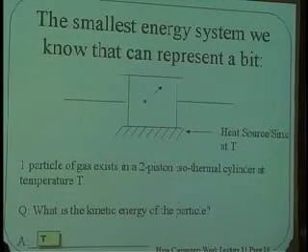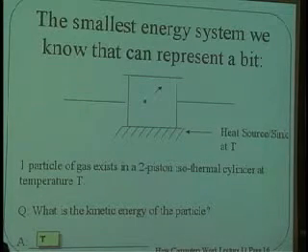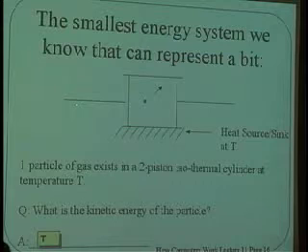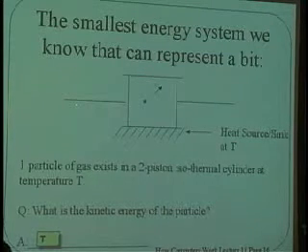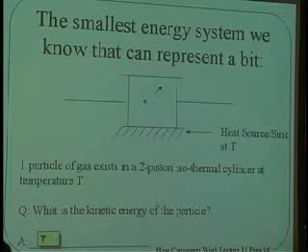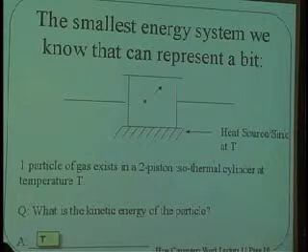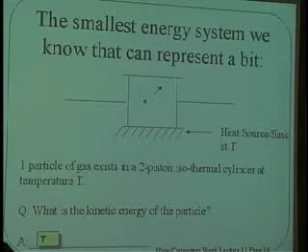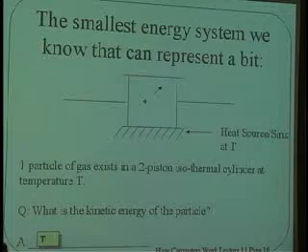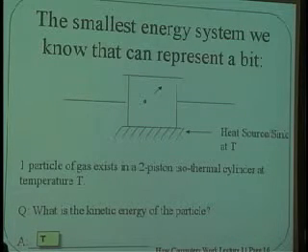And what is the kinetic energy of the particle? This actually teaches you something really cool, because the kinetic energy of that particle is T, where T is the temperature of the particle. And in fact, what temperature is a measure of is the average kinetic energy of the gas. So if gas is moving around in the air, the average kinetic energy of the gas is going to be T. And T here is the absolute temperature.